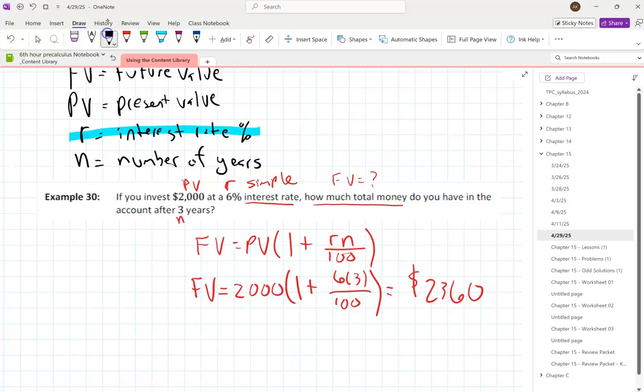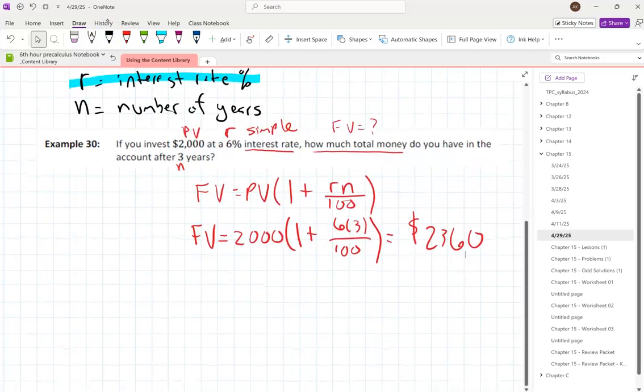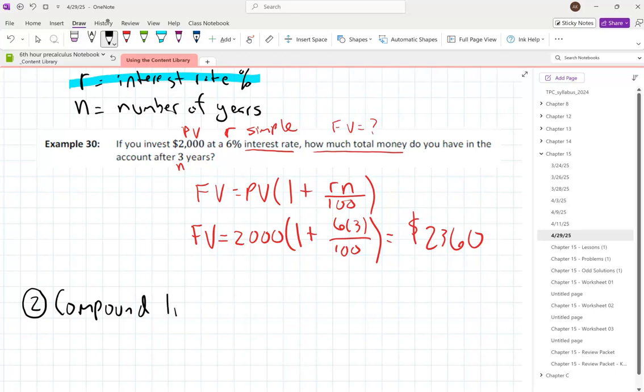The other type of interest payment you can have is compound interest. In compound interest, you're getting paid on the account value at every year. Essentially you're getting paid interest on your interest.